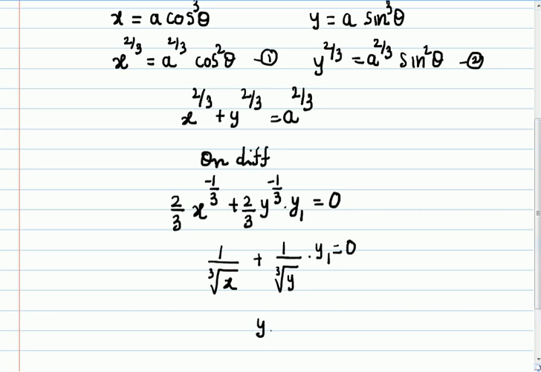Hence what is y dash equal to? You can observe, y dash is equal to minus cube root of x, and taking this term to the RHS, cube root of y, or together what we can say, it is cube root of y by x.